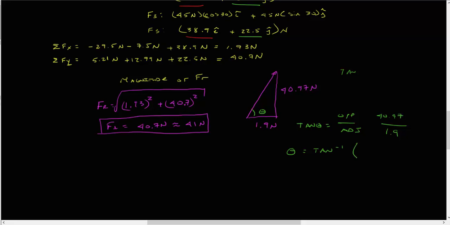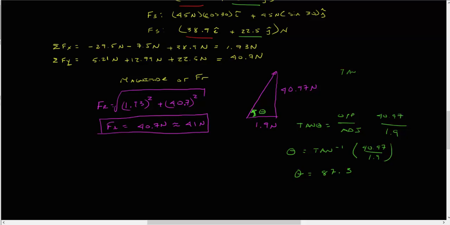So if I plug that into my calculator, 40.7 divided by 1.93, and I do the arc tangent, I get 87.3 degrees. That's this angle right here, and that would be positive from the positive x-axis, since we're going in that direction.